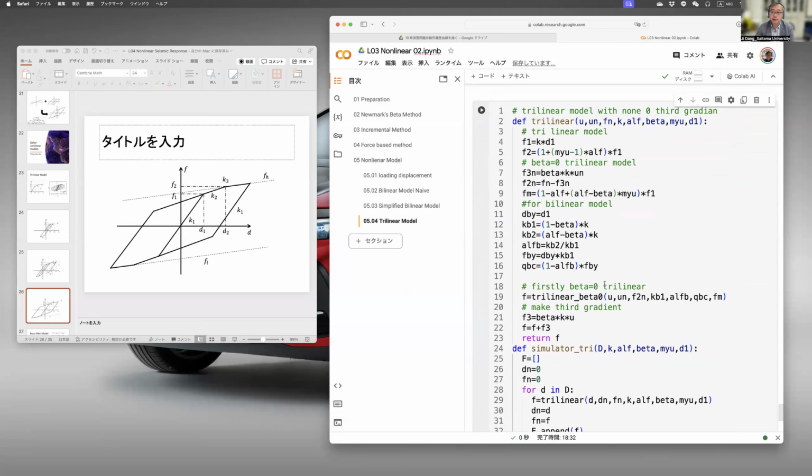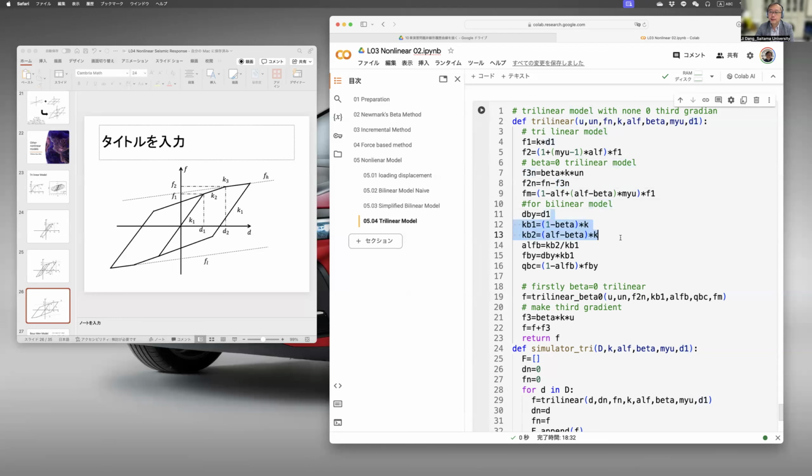So firstly, we need to calculate F1 and F2 like this, and then you should calculate F3n and F2n, which is the boundary, right? The third force. So Fm is equal to this one.